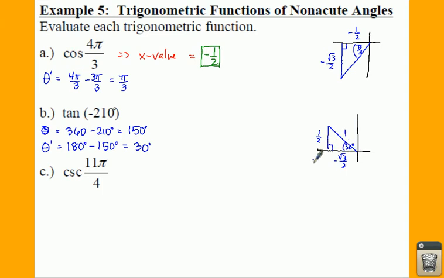And so what we have here, if we're talking about our tangent, is not our x or y, but our y over x. So y over x is a 1/2 divided by negative radical 3 over 2.